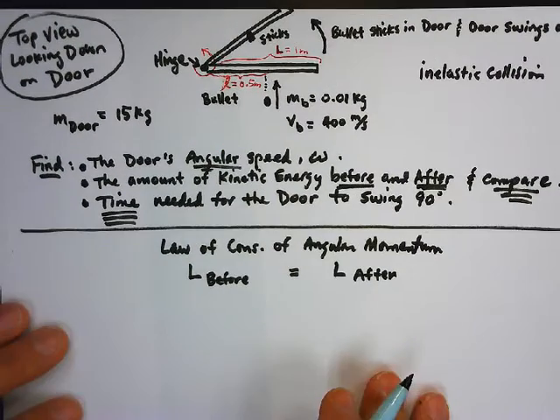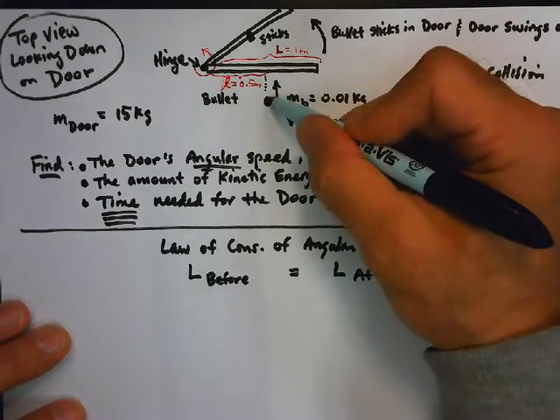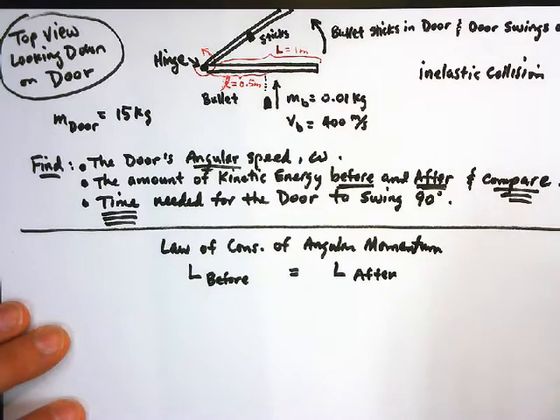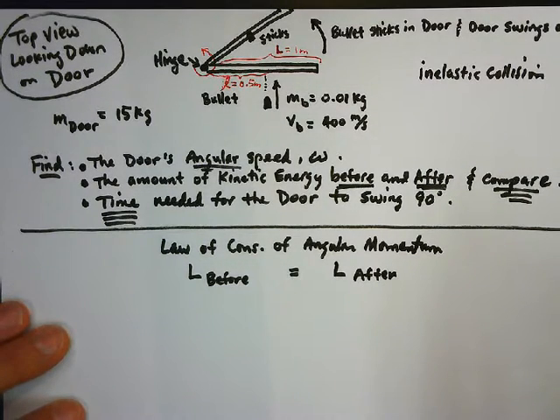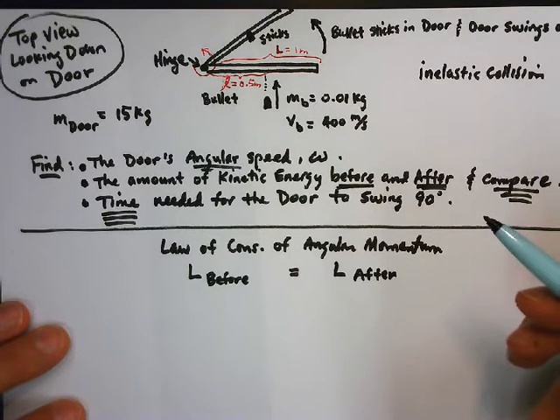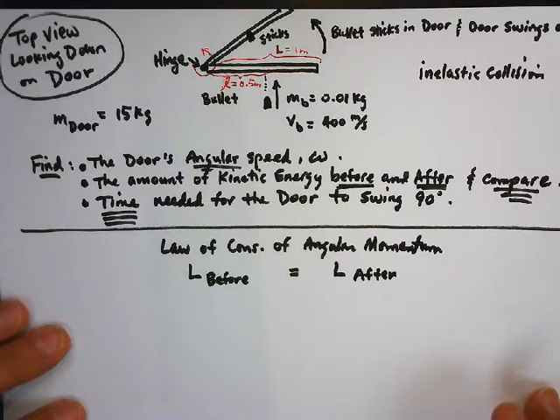Now let me ask you this question, think about it for a second. This bullet that's traveling toward the door before it hits it, does that bullet have angular momentum? And the answer is yes, it does. Amazingly, okay? We can treat this bullet like a little point mass and use that first form of the equation for angular momentum for that bullet.